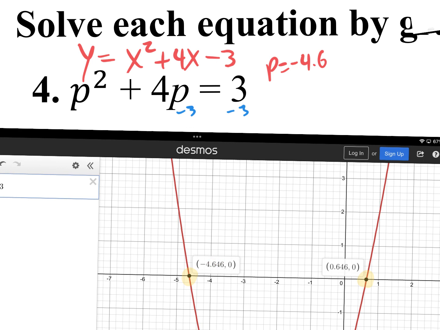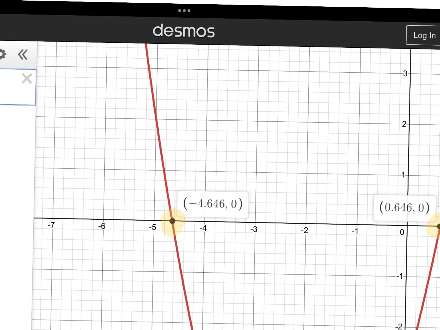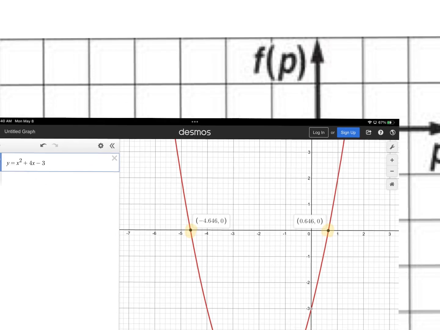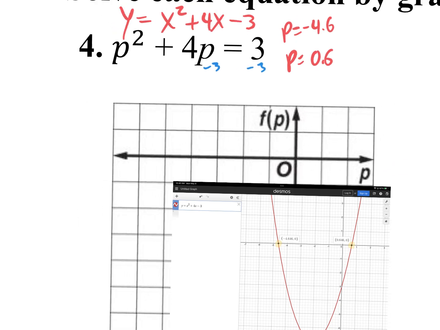And p also equals positive 0.6, and that's it, nearest tenth. Later on, we're going to learn that these decimal values are actually irrational numbers, and we're going to represent them with square roots, right? But not today. That's for tomorrow.